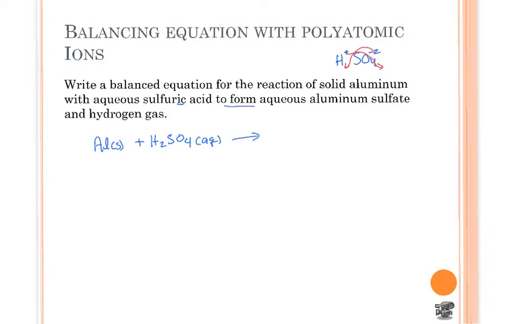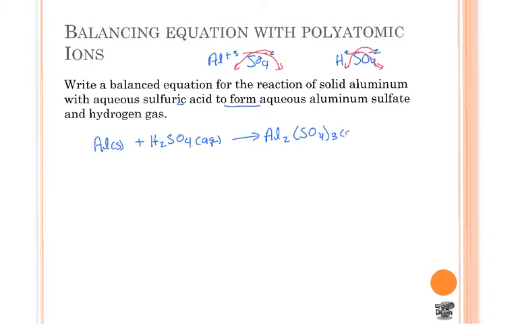and this forms aqueous aluminum sulfate. So let's see, aluminum has positive 3, sulfate has negative 2. So we're going to crisscross charges, and we'll end up with Al2, and then parentheses around the sulfate because now we have more than 1, and we have 3 of those.